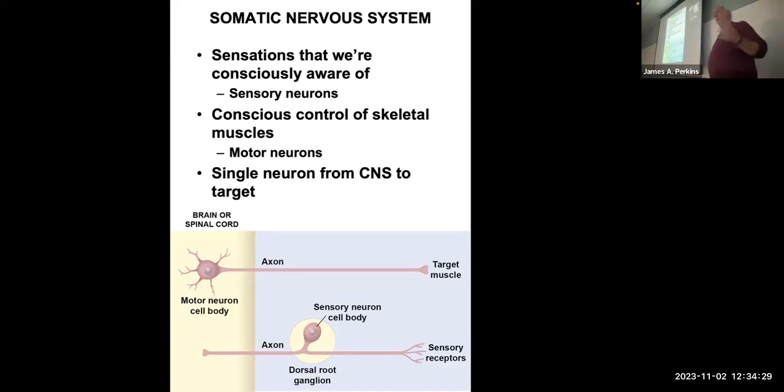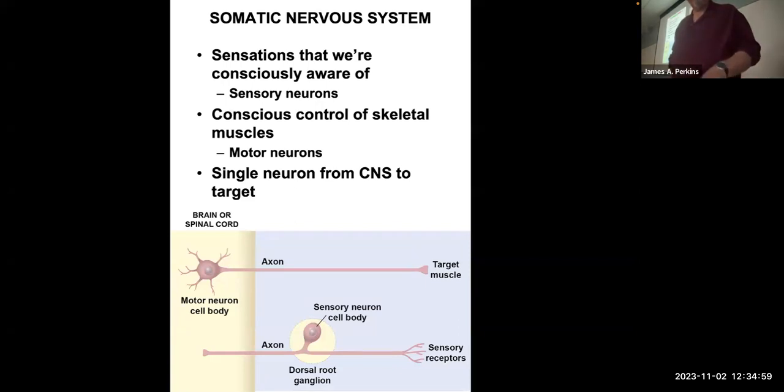And the somatic nervous system also includes the kinds of motor neurons that we've talked about quite a bit in this class, where there are motor neurons that have their cell bodies in the gray matter of the spinal cord, and the axons then travel all the way out to various muscles. There's something called the neuromuscular junction that then stimulates the muscle to contract. So all of the muscles that we have conscious control over, which of course would be all of our skeletal muscles, are part of this somatic nervous system.